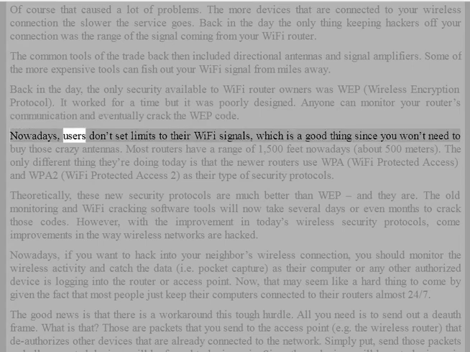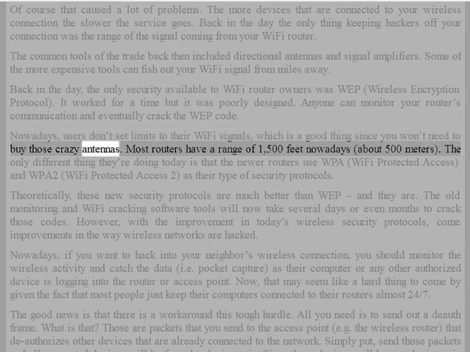Nowadays, users don't set limits to their Wi-Fi signals, which is a good thing since you won't need to buy those crazy antennas. Most routers have a range of 1,500 feet nowadays, about 500 meters.